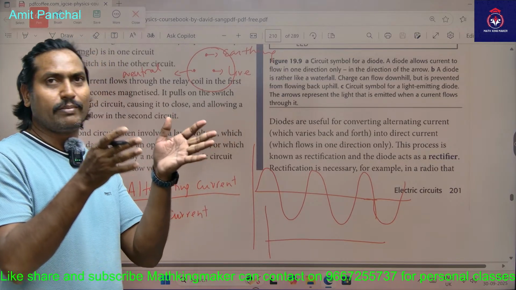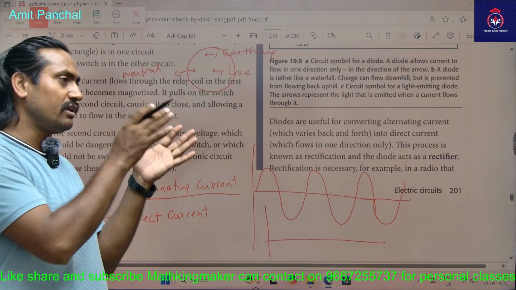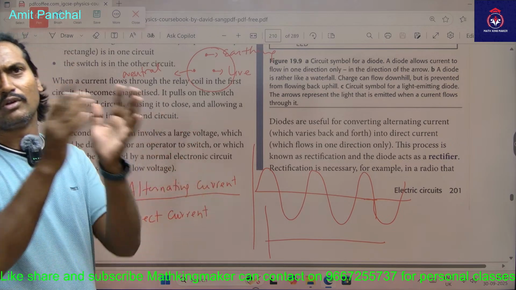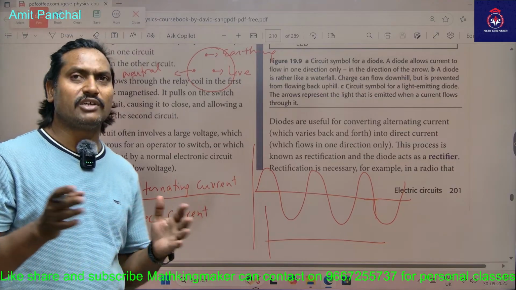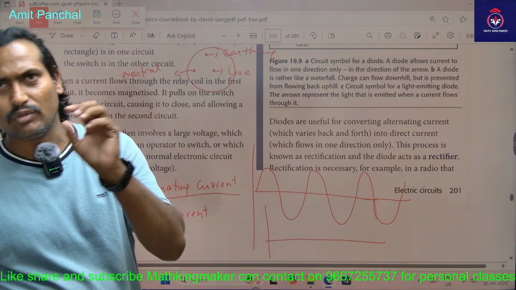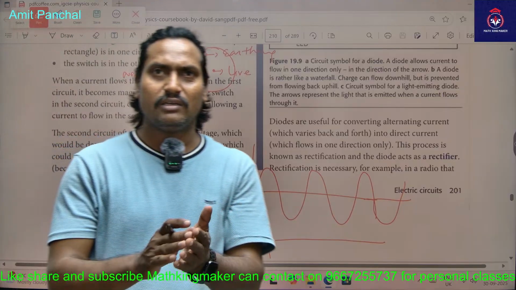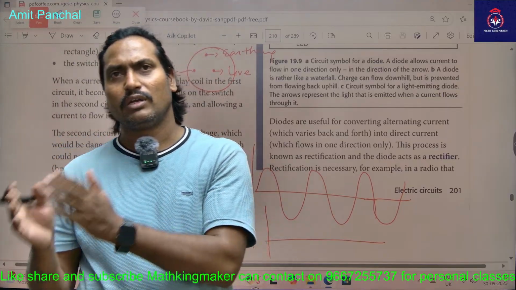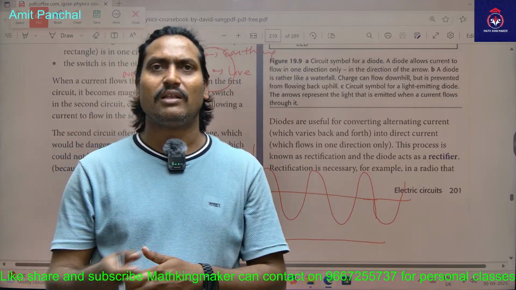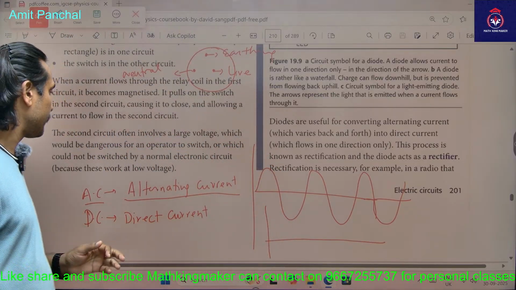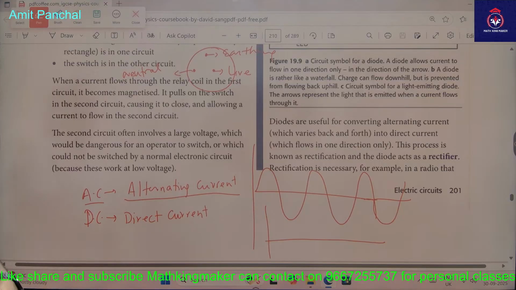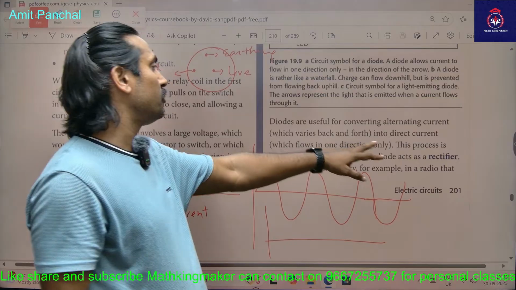So the laptop charger is converting the AC supply to a DC supply. Your mobile charger also is connected to the AC switch, then it is converting AC to DC, and then your mobile is charging. So diodes are useful for converting alternating currents into direct currents.